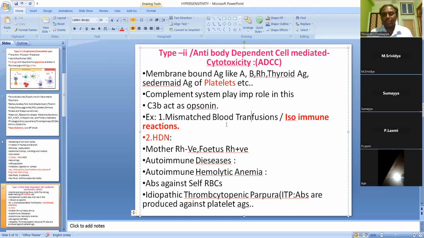That causes a kind of hypersensitivity. Antigen antibody complexes are clumped, and phagocytosis takes place. These antigen antibody complexes block the smaller capillaries, which leads to tissue damage.